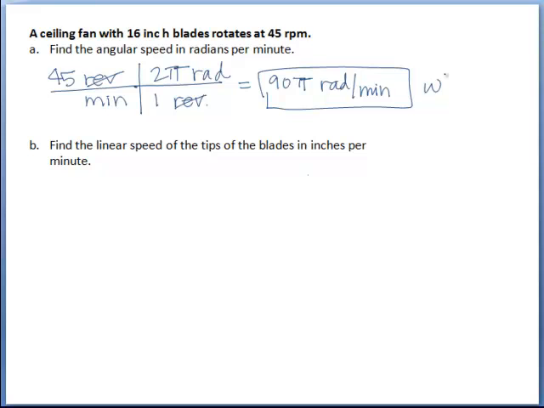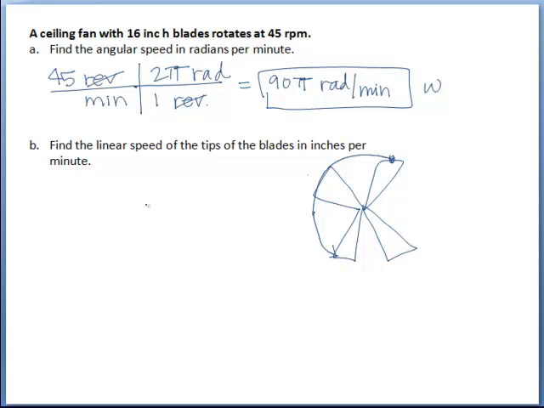Now, if we want to find the linear speed of the tips of the blades in inches per minute, let's think about this. We've got our ceiling fan, and these are the tips of the blades. We're trying to figure out how fast these blades are going in inches per minute.